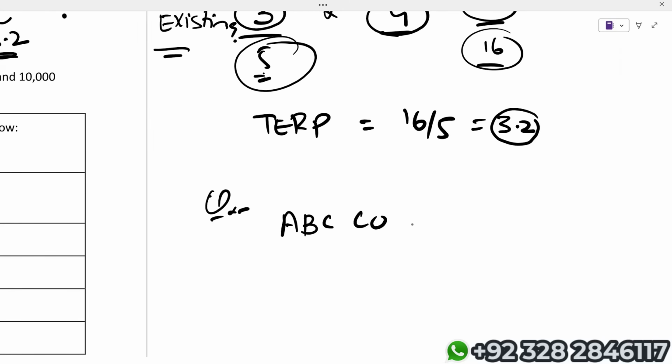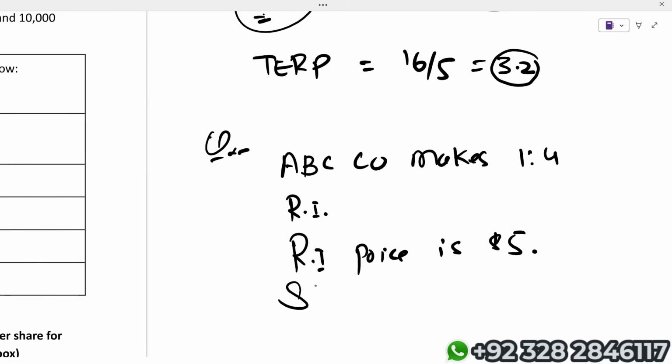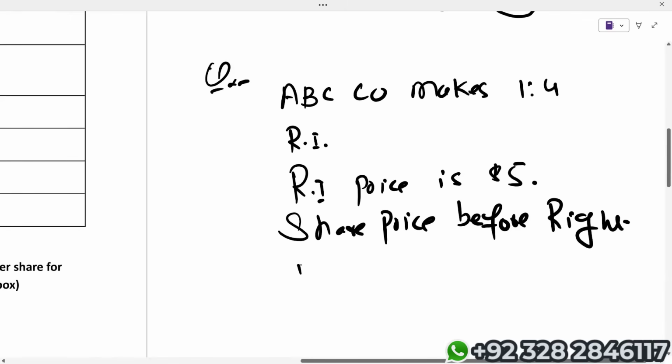ABC company makes a 1-for-4 rights issue. The rights issue price is $5. Share price before rights is 7.